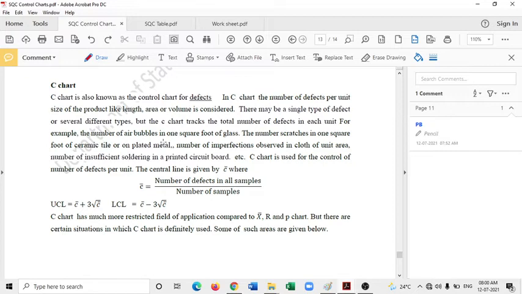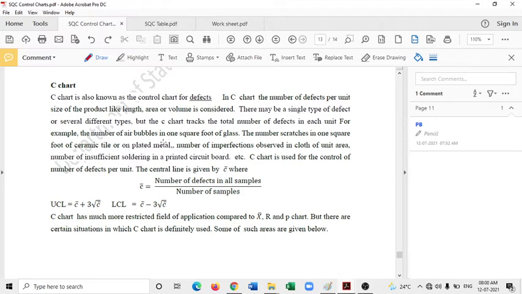So here the central line is C bar. C bar is the number of defects in all samples divided by the number of samples. And UCL is given by C bar plus 3 root C bar, and LCL is given by C bar minus 3 root C bar.